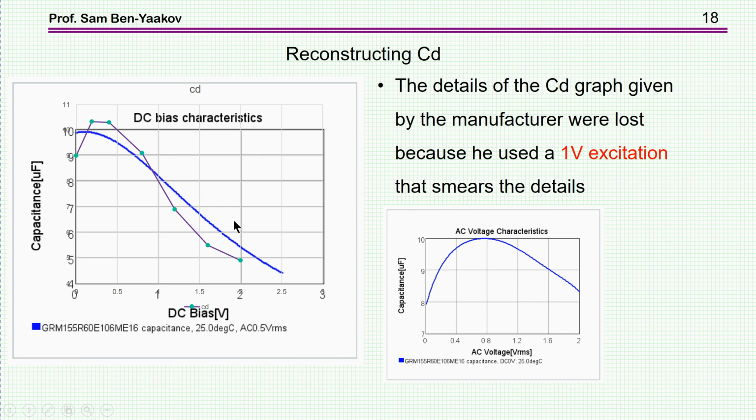So this curve should have been measured with a much smaller signal to get the fine detail. So here we are missing the details because it is a too large signal. And here we have another problem. And the problem is that this curve is measured around 0 DC.